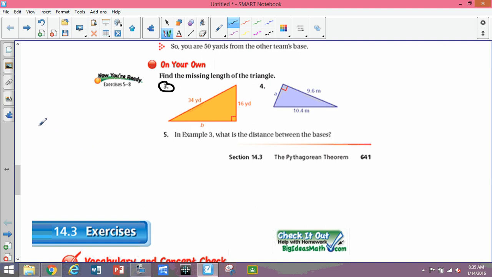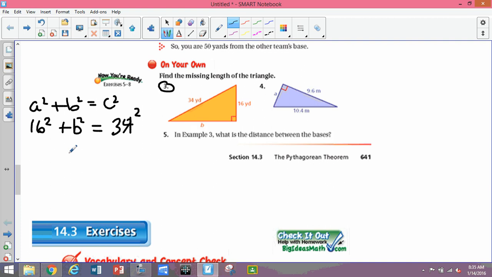Okay, number 3, again, you start with your formula. a squared plus b squared equals c squared. And then you plunk in the values that you know. So they give you b as the one that you're looking for, so 16 squared is your a, plus b squared equals 34 squared.